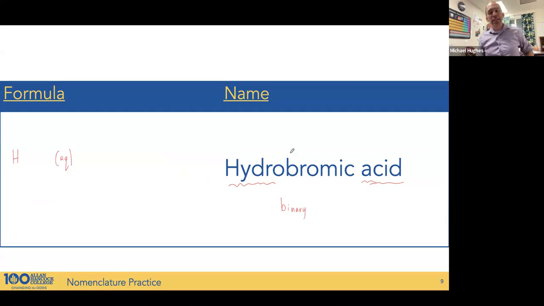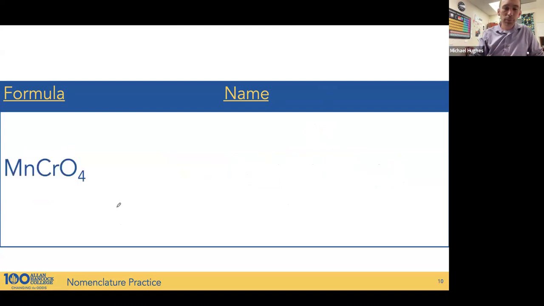That tells us that the anion species, if polyatomic, does not contain oxygen. But in this case, it's bromic, which is simply the bromine Br minus anion. So this is HBr, hydrobromic acid.